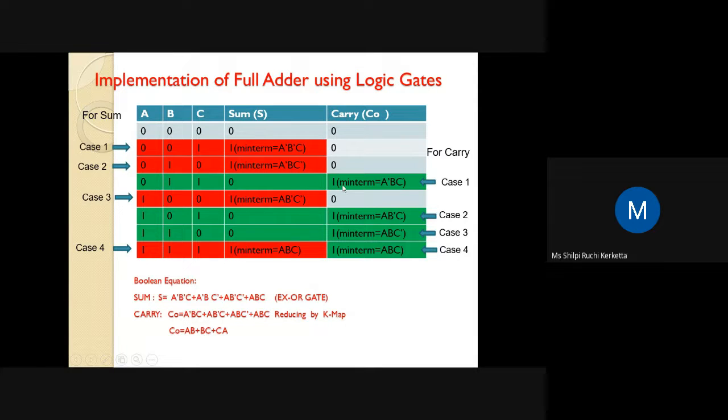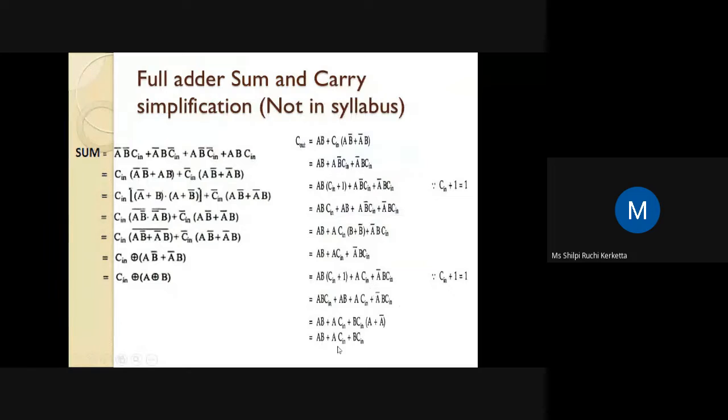Because 0 is there, we will put a bar: A bar into B into C. For the next, it is 101, so A into B bar into C. The third term is A into B into C bar, because 110 is there. And here 111 is there, so we get ABC. We have done the products. Then we apply the sum of products, so we will add all the products, and that will become the sum. If we simplify this equation, it comes to AB plus AC plus BC. This you don't have to remember.